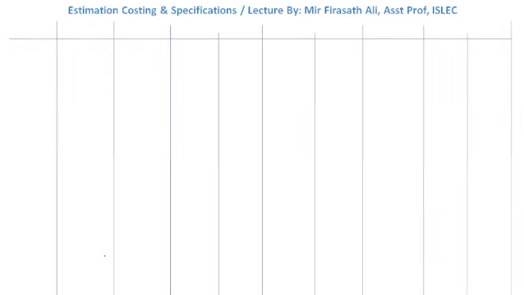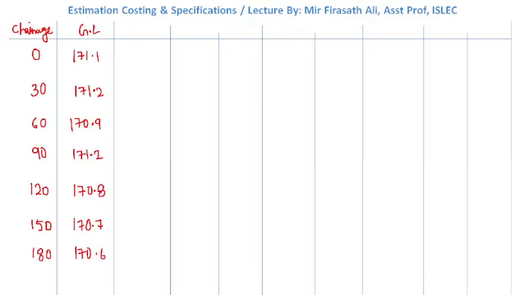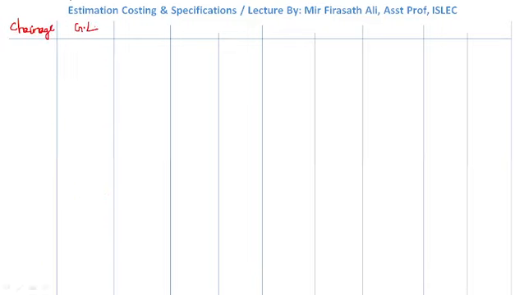So, let us write in another slide. Chainage, ground level. We have completed till 180. After 180, it is 210. For chainage 210, 170.4. It is all given in the question. At chainage 240, it is 169.1.